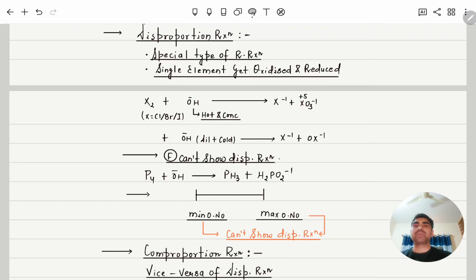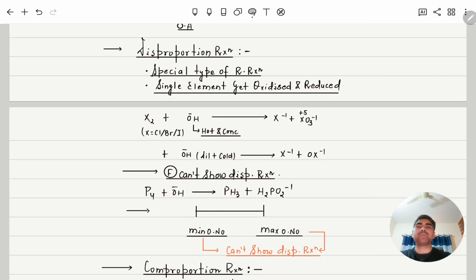Next, coming to disproportionation reaction. Disproportionation is a special type of redox reaction where a single element gets oxidized and also reduced, and that single element will have 3 oxidation numbers in that reaction. A very important example is the halogens: chlorine, bromine and iodine. Fluorine will not show disproportionation reaction because it only shows -1. But for disproportionation, the element should show how many oxidation numbers? 3.